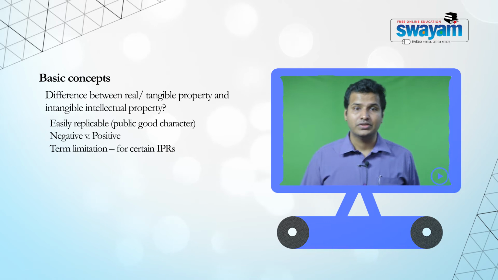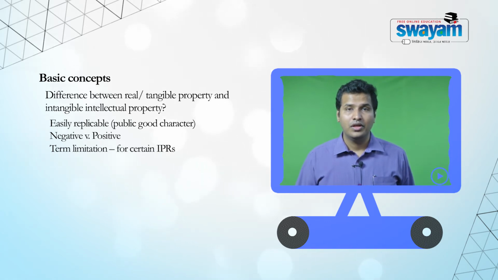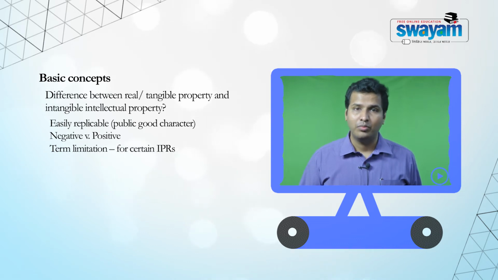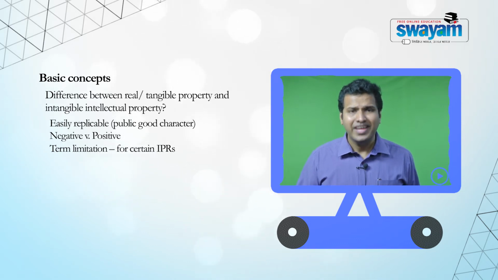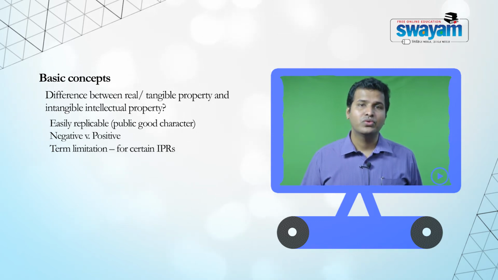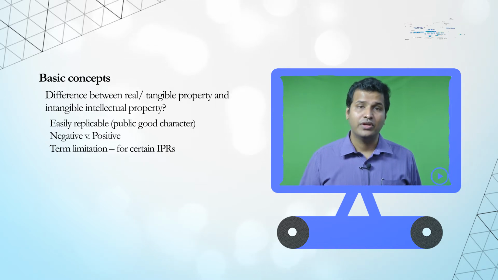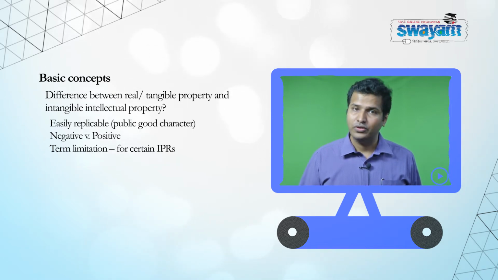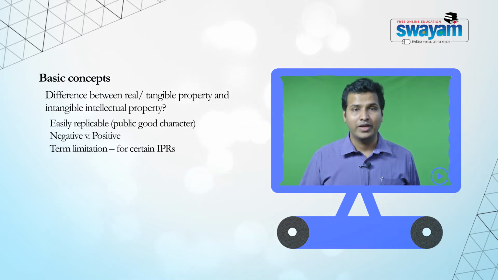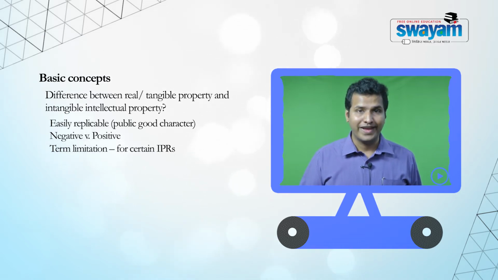Third is the term limitation. In most categories of IPR, patents, copyrights, industrial designs, they are limited by time duration. The reason is because society wants to create a balance between some kind of a monopoly type of protection or an exclusivity protection that is offered to intellectual property right holders vis-a-vis the societal need that the invention should be part of the public domain and more people should be able to access it.